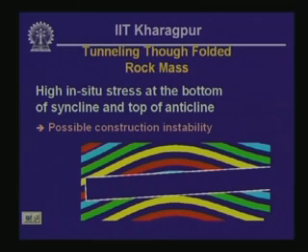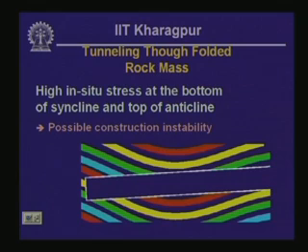As a result, you might encounter problems associated with rockfall, as the increased stress is released when the tunnel opening is made while crossing these folded layers. You could have a similar problem in the case of a syncline fold.